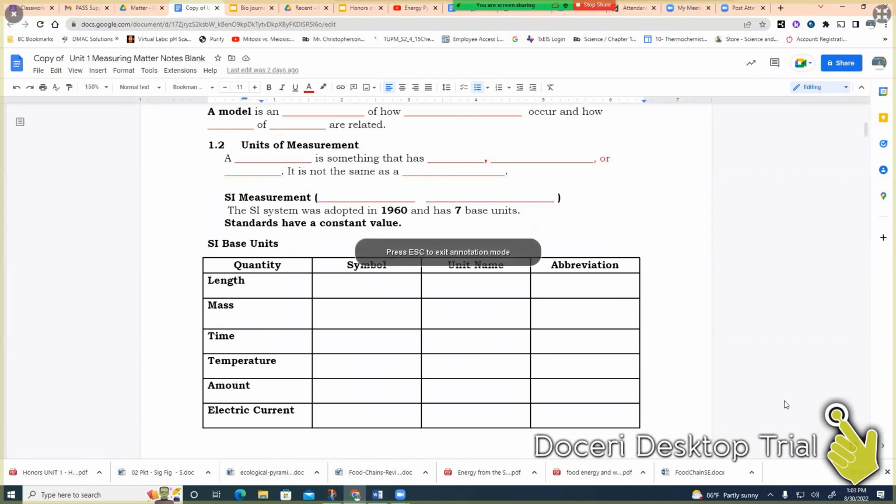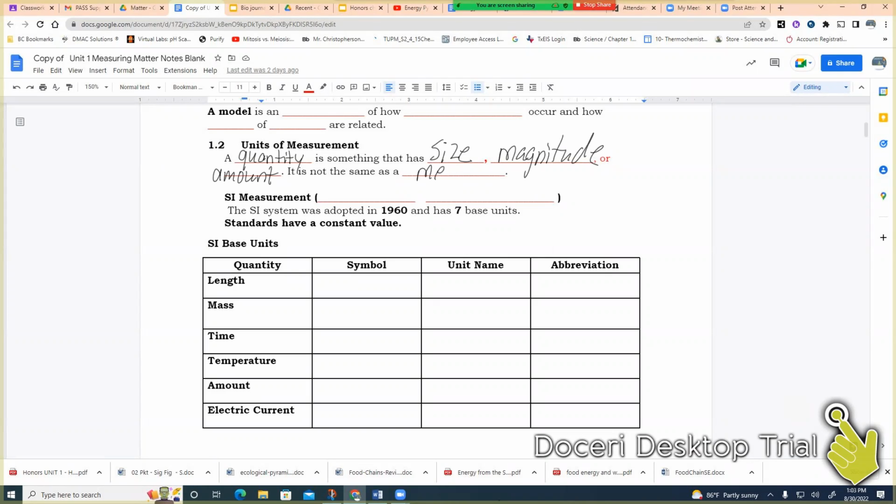So a quantity is something that has size, magnitude, or amount. It is not the same as a measurement. For one thing, a measurement is going to have units.